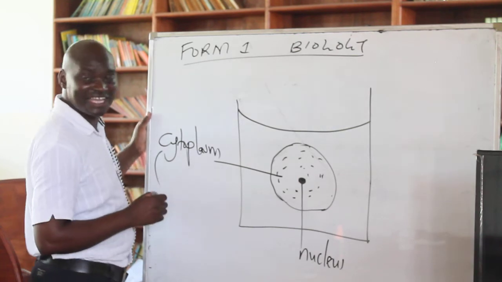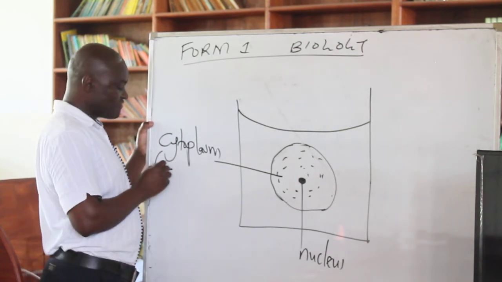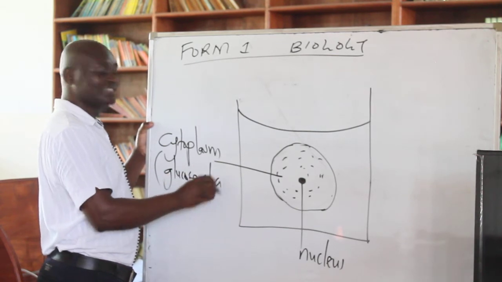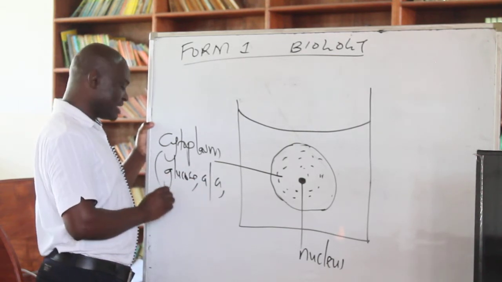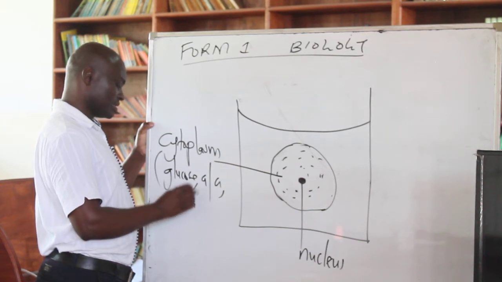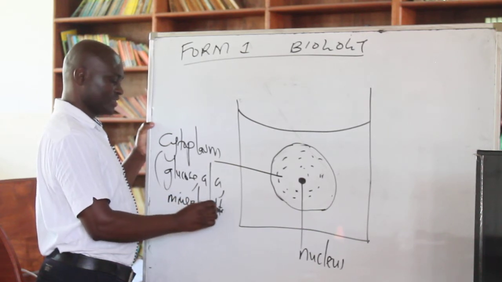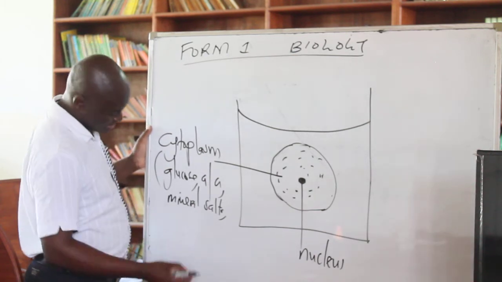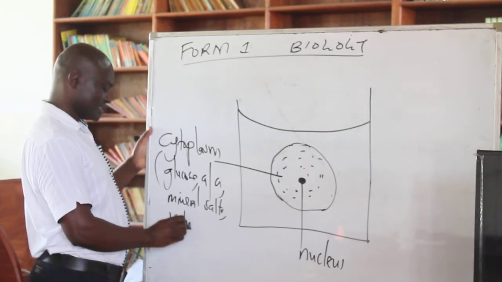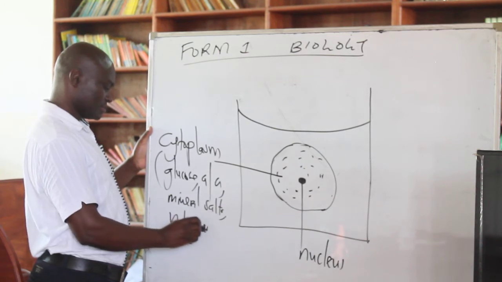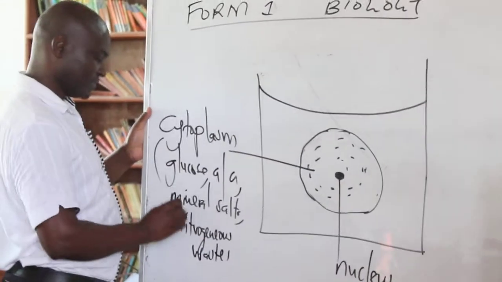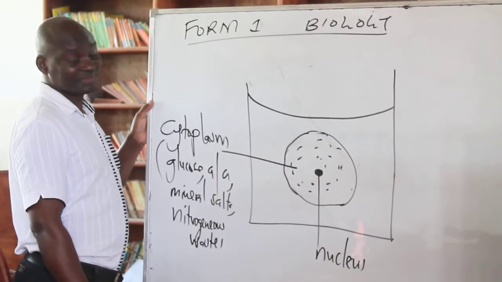And inside the cytoplasm, we have glucose, amino acids, mineral salts, nitrogenous waste. We have all these things.